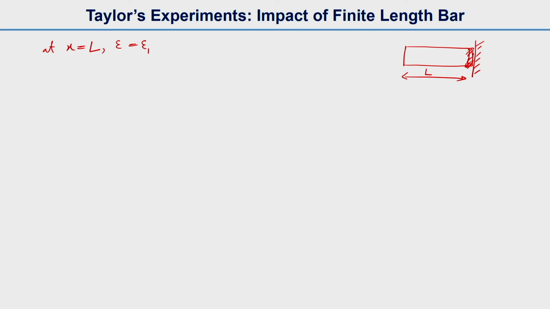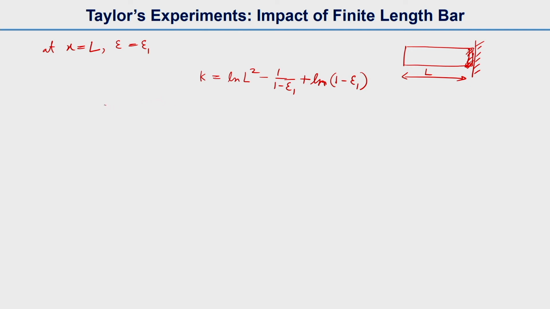Using that relation gives us the constant of integration k equal to ln capital L square minus 1 by epsilon 1 plus ln (1 minus epsilon 1).